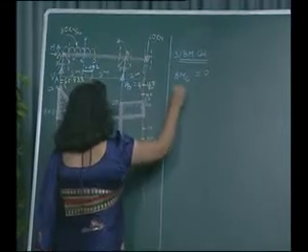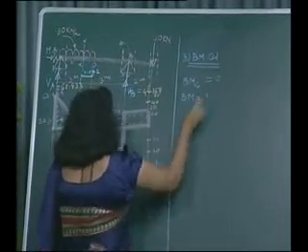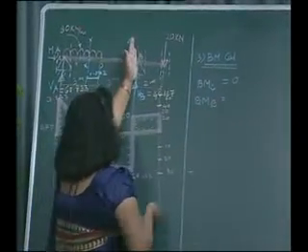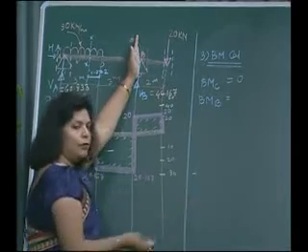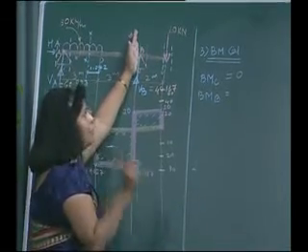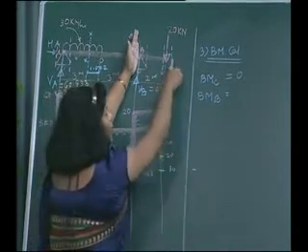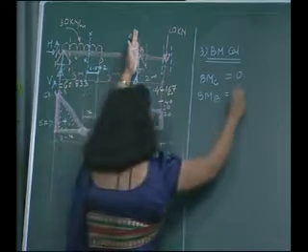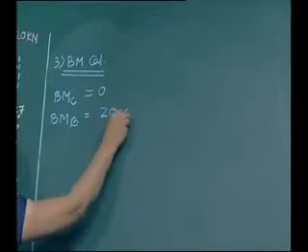Then we come to the bending moment at point B. So put your hand at point B and see on the right side, how many forces are there? There is only one force, that is 20. So 20, and what is the distance up to our section?